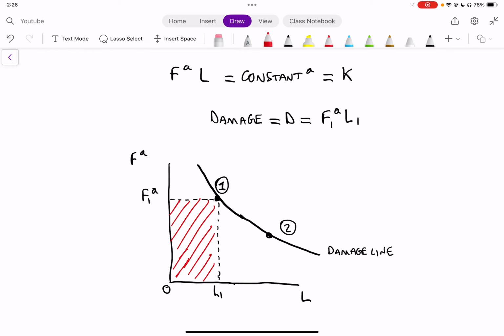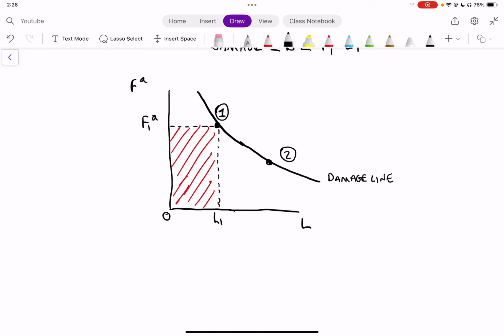So if we look at the damage equation, we know that the area from L0 to L1, where we take L0 as life 0 or 0 life, is equal to the damage.